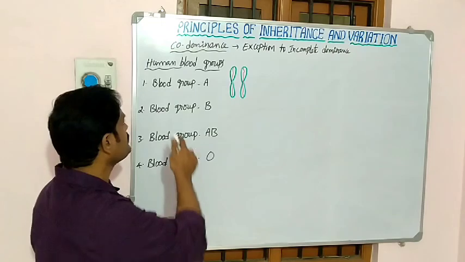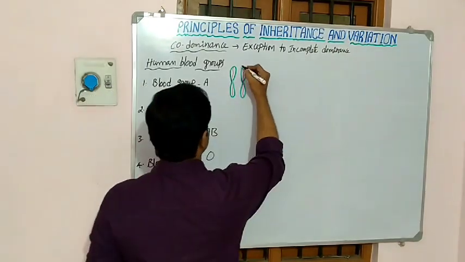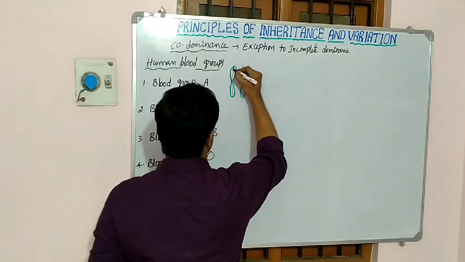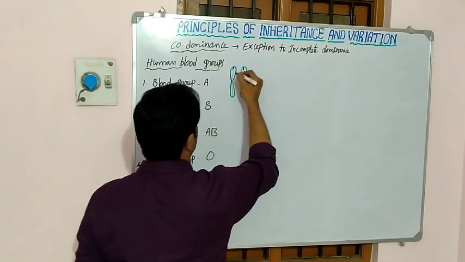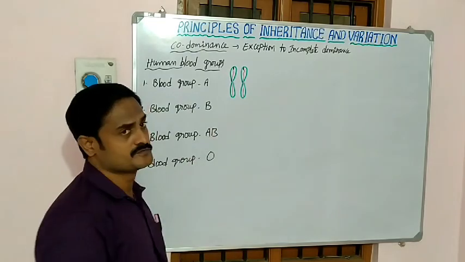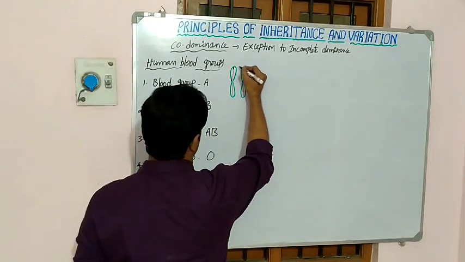If you take blood group A, the alleles are present in the same location in the 2 chromosomes. For suppose I will take this location of the chromosome.